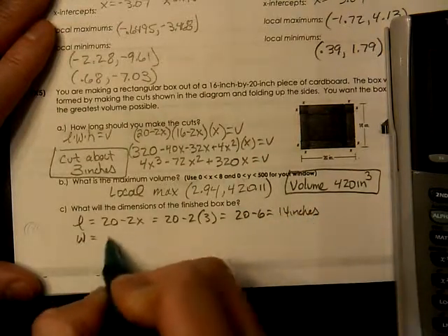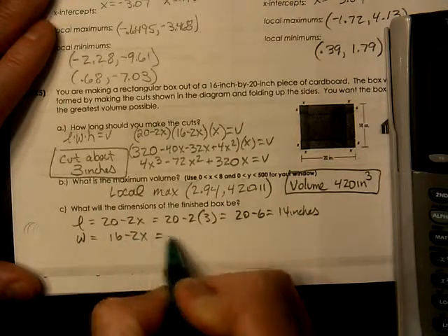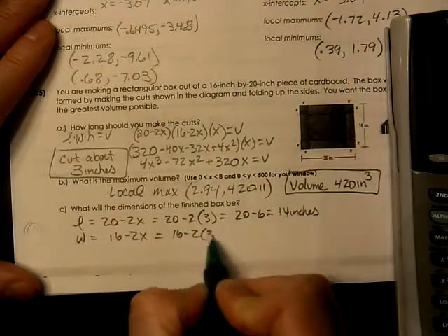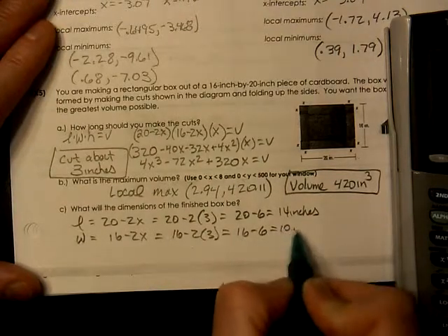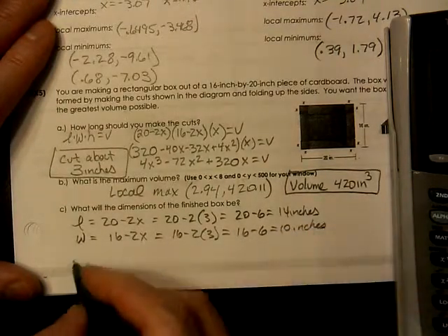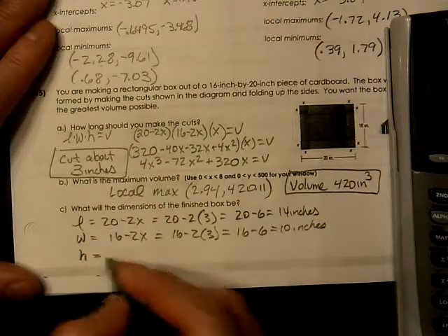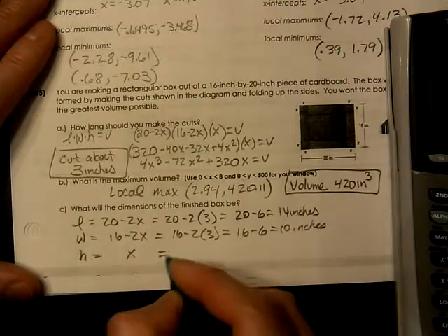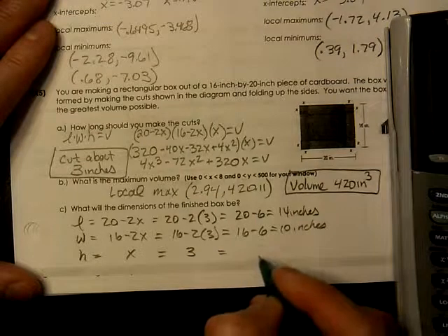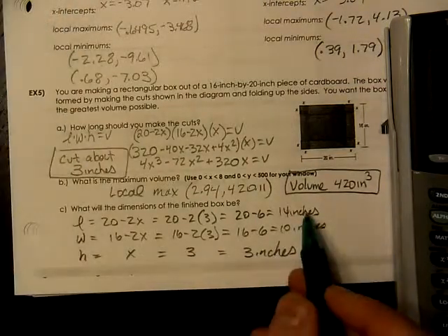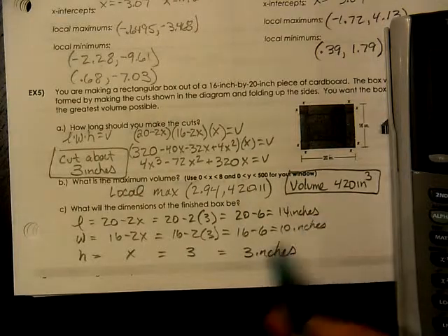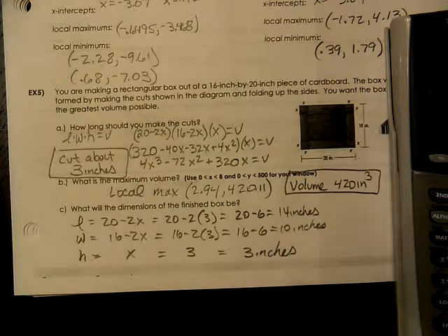The width, 16 minus 2x, which is 16 minus 2 times 3, 16 minus 6, which is 10 inches. And then the height, which is just x, which is approximately our 3. So we get 3 inches. So our length, width, and height of our maximum volume.